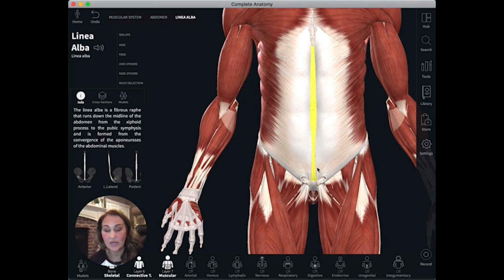As a pregnant woman's abdominal cavity is expanding, instead of the muscles having to expand, the actual linea alba will expand. And after birth, hopefully that linea alba will come back together to its original position.